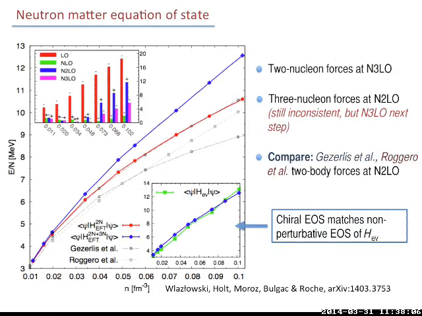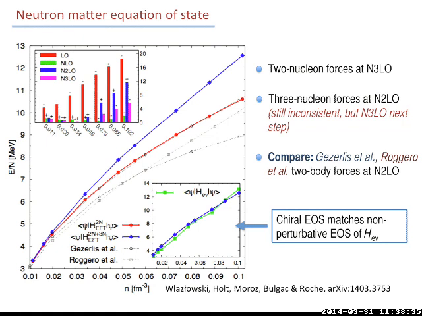Okay, this is the final slide though with actual results. Here are our calculations for the equation of state of neutron matter. Unfortunately, we're still doing an inconsistent calculation. Namely, this is the two-body force at N3LO, and it's basically consistent with other auxiliary field quantum Monte Carlo calculations done at N2LO using two-body forces only.